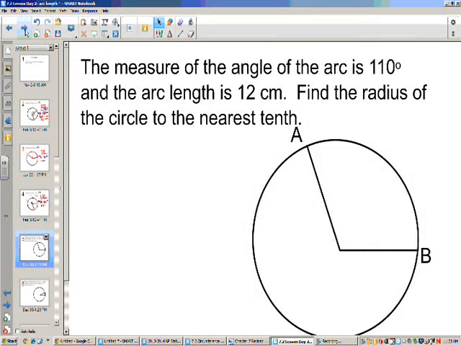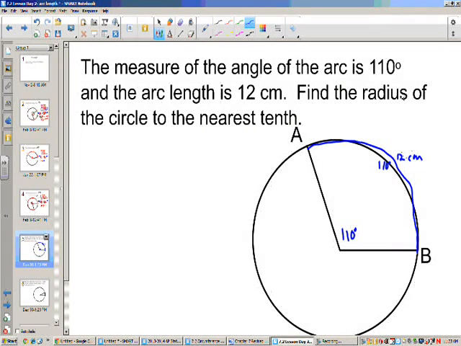All right, now we're going to switch it up a little bit. It says the measure of an arc is 110 degrees, and the arc length is 12 centimeters. Let's find the radius of the circle. So we know that this arc is 110 degrees, and the arc length, the distance from here to here, is 12 centimeters.